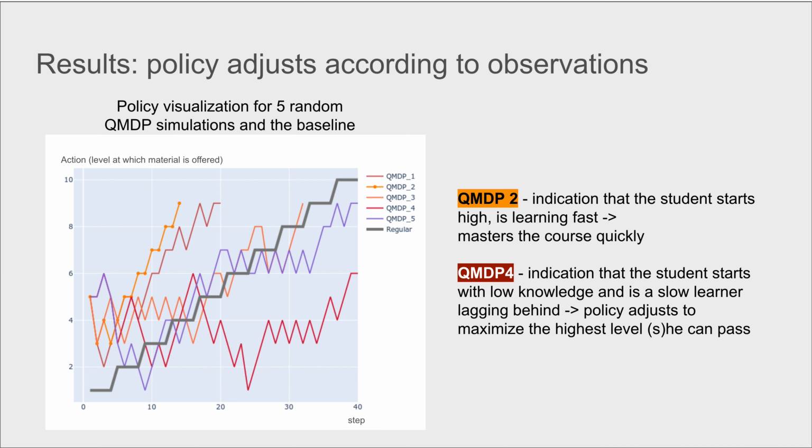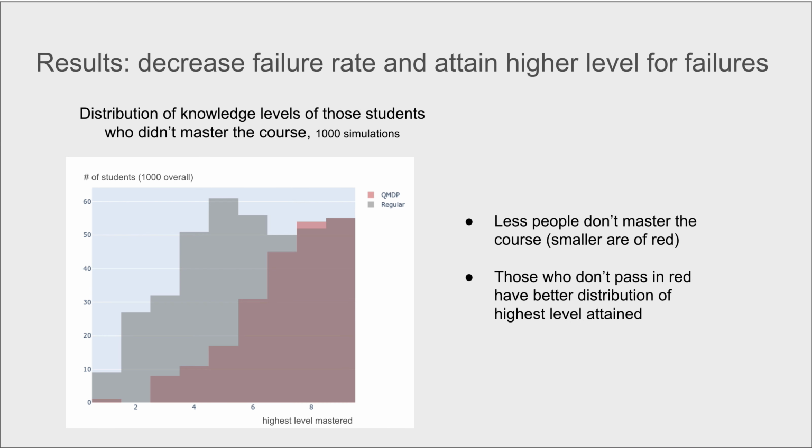Alternatively, the policy adjusts if there is an indication based on observations that the student starts with low knowledge and is a slow learner lagging behind. You can see that, like KMDP4 Crimson is an example of this. Also, a smaller share of students fail the course, that is, don't pass the test at the level of 10.